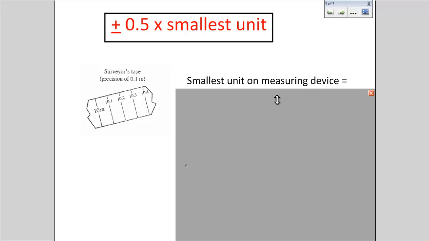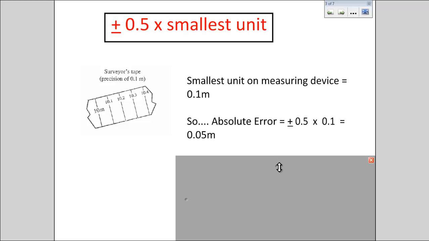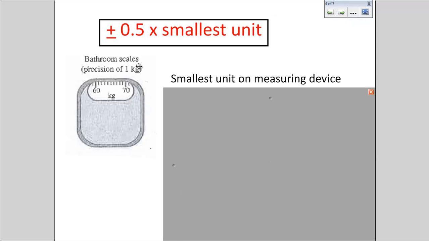So the smallest unit on the device, we would say, is 0.1 of a metre. That means that our absolute error is going to be plus or minus half of 0.1, half of the smallest unit. So that turns out to be 0.05 of a metre. Okay, so that measuring device is fairly accurate.